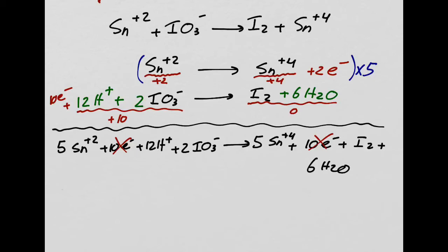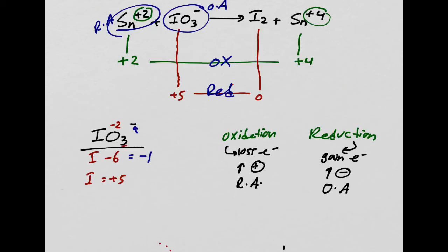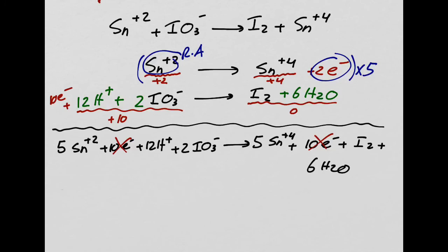Because remember, the agent always has to be on the reactant side. Add electrons to the right, that's a reducing agent. Does that match up with what we had before? It does match up. So that's a good way to confirm. And if that's the reducing agent, the other one has to be the oxidizing agent. All right, beautiful. Very nice job.